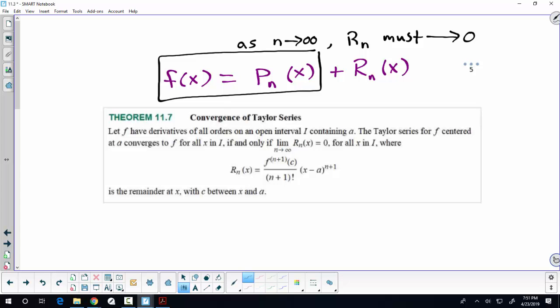And that's what your error is. But it says for some c in between x and a, so for some c between the variable, wherever you choose to stop, and the center location. That's really all I wanted to say there.